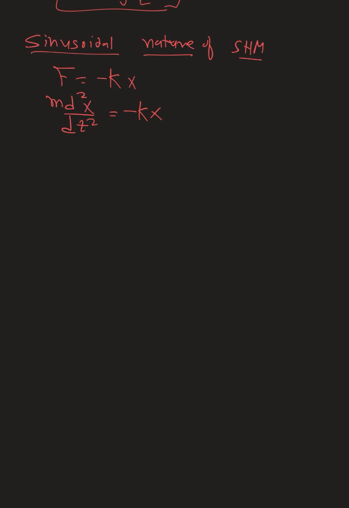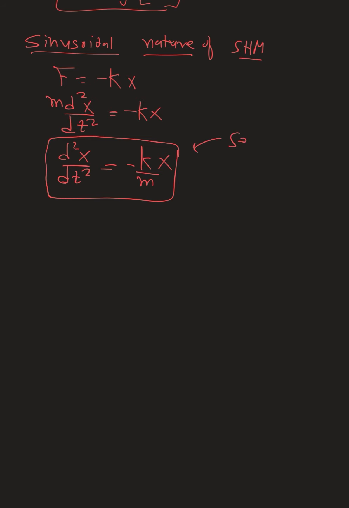So we can actually write that d square x over dt square for a simple Hooke's law can be considered as negative k over m times x. This is a second order differential equation. So if there is a question asking, hey, can you derive a second order differential equation for the simple harmonic motion, this would be your second order differential equation.